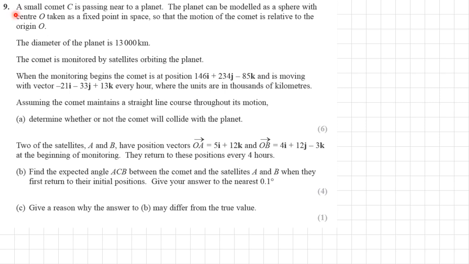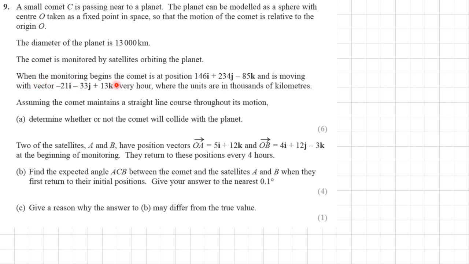Question number 9. A small comet C is passing near to a planet. The planet can be modelled as a sphere with centre O taken as a fixed point in space, so that the motion of the comet is relative to the origin O. The diameter of the planet is 13,000 kilometers. The comet is monitored by satellites orbiting the planet.